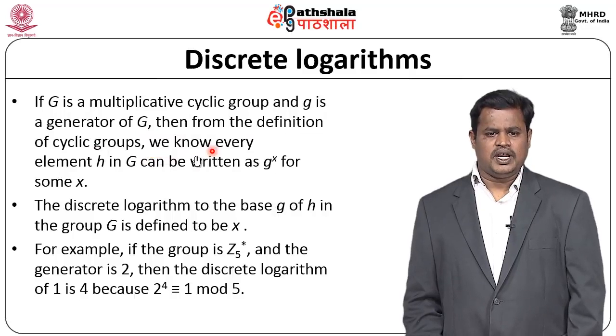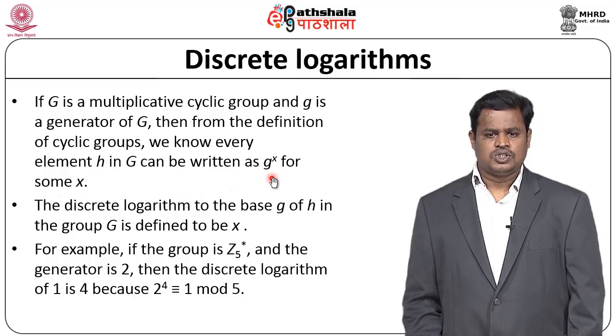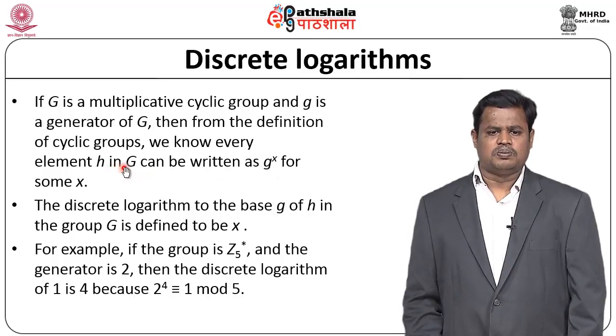We know that every element h in G can be written as g power x for some x. That is why it is called a generator. The generator must be able to generate every element in the cyclic group.